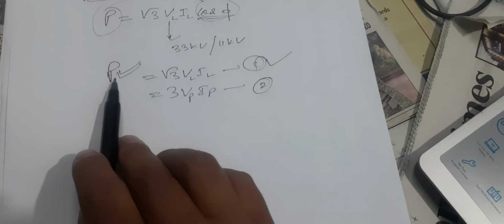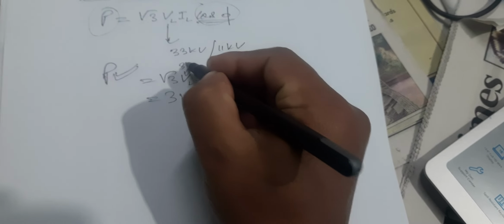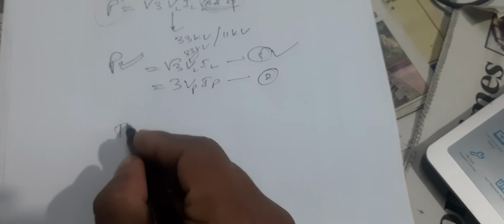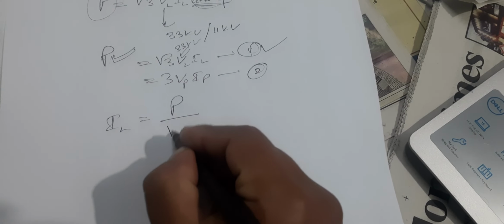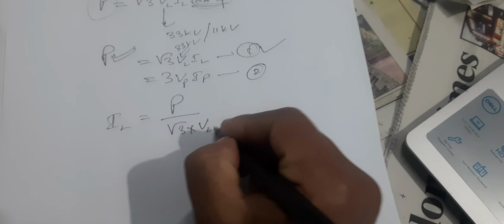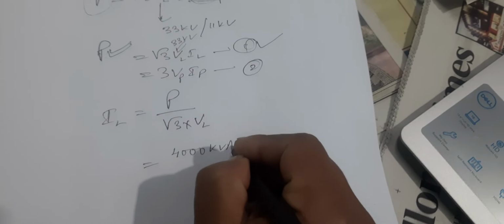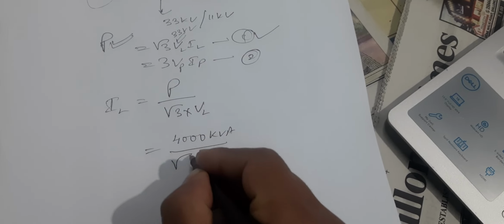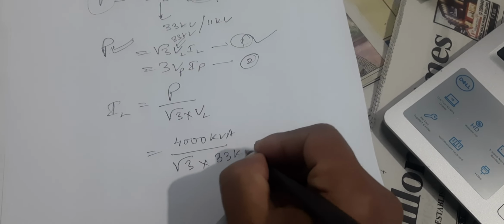Now, this is the contract demand, this is root 3, and this is our system voltage, that is 33 kV. Then we get IL equals contract demand divided by root 3 into VL, which is 4000 kVA divided by root 3 into 33 kV.